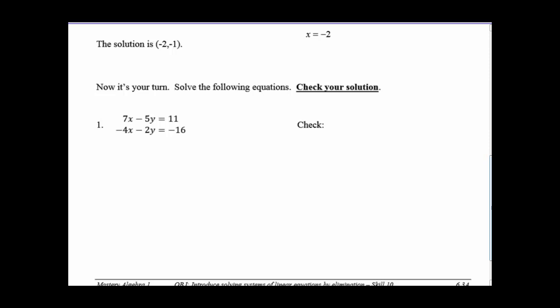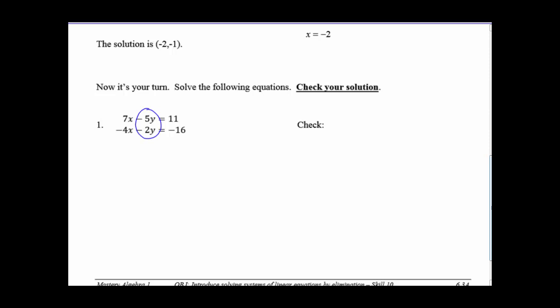If we look, you could choose X, you could choose Y. If we eliminate the X's, hopefully you're thinking of 28. If you're eliminating the Y's, hopefully you're thinking 10. Hopefully you'd want to go to the lower number, so let's try and eliminate again the Y's.